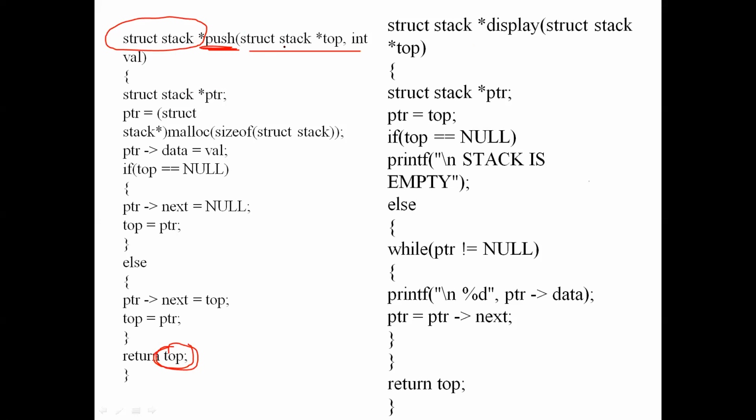It takes two arguments. The first argument is a pointer variable of the structure stack data type, and the other one is an integer. Since I'm using top, I know top very well, that's why I am writing top. Where do we declare this top? It's a global variable, right?